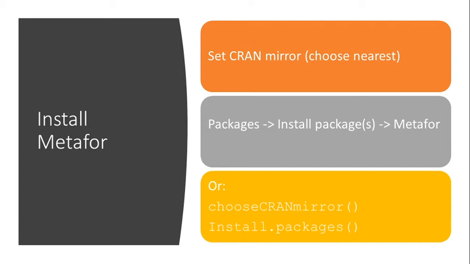And so if I go back to here, you can type in to tell R to install stuff, or you can go to packages up the top, and there's a point and click thing for setting the CRAN mirror and installing the package that you want.